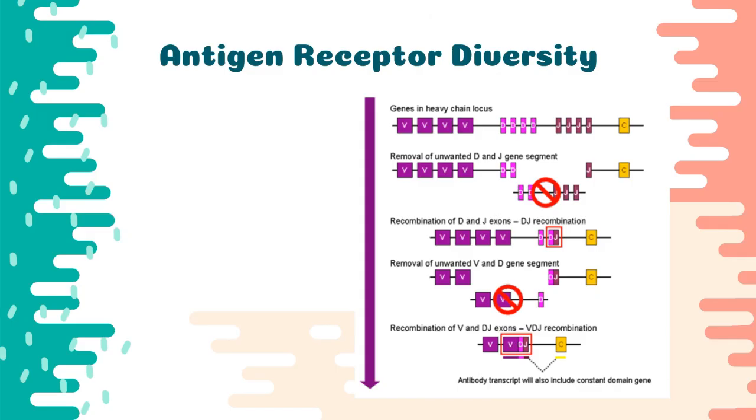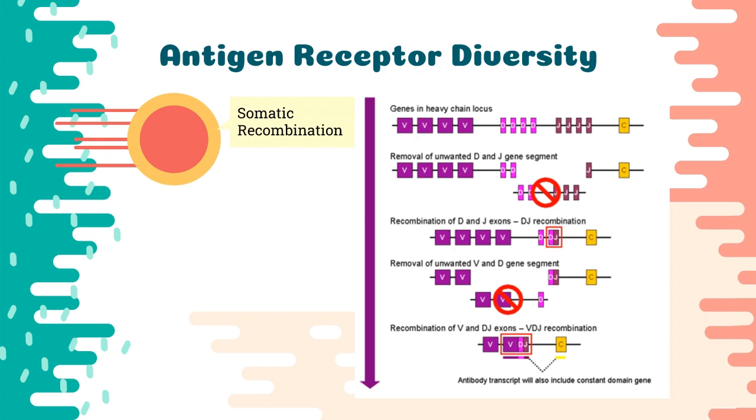As I said earlier, the immune cells of the adaptive defense only recognize a specific antigen or pathogen, and our immune system recognizes hundreds and thousands of pathogens. So how does this happen? It's mainly due to the antigen receptor diversity, which is mainly achieved by a process known as somatic recombination.